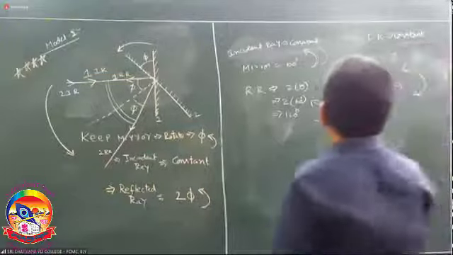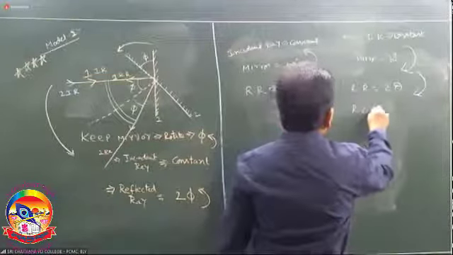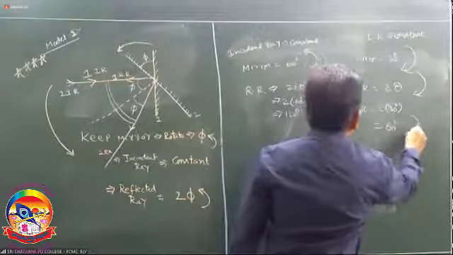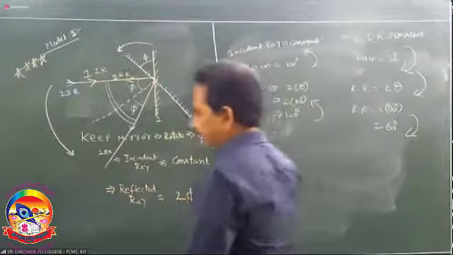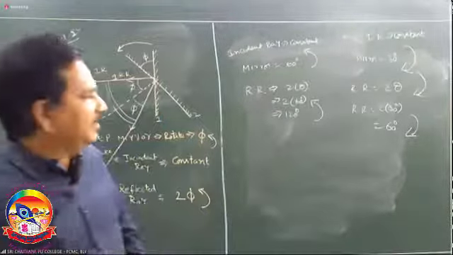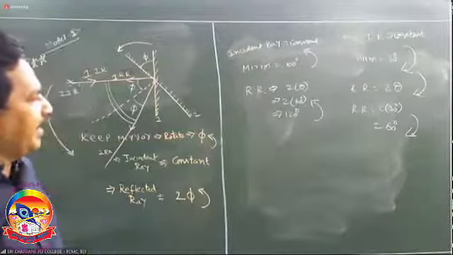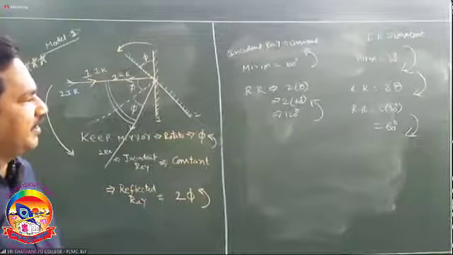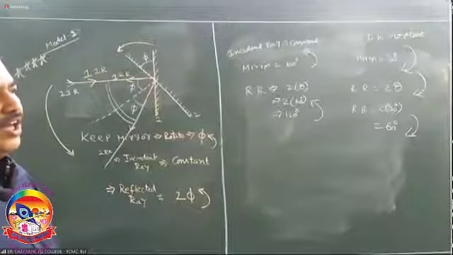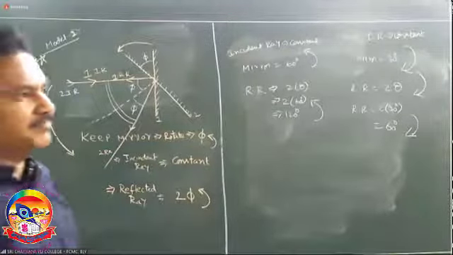This comes out to be 2 into 30, that is equal to 60. In what direction? Same, clockwise. If the mirror is rotated by 30, then the reflected ray rotates by 60 in the clockwise direction.